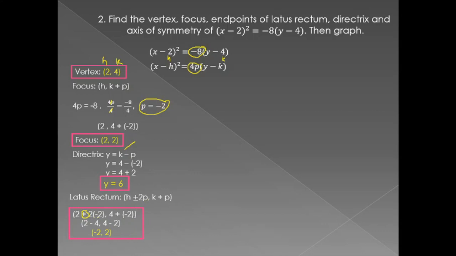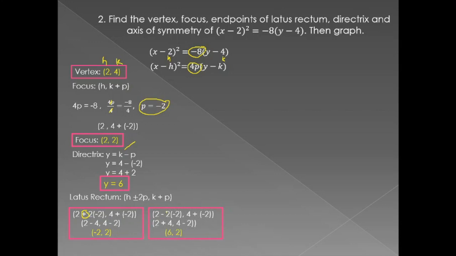So ayun po, negative 2 yon. And then k, 4 plus p negative 2. And then solve. Magkakaroon tayo ng 2 minus 4. So 2 minus 4 is negative 2. And then 4 minus 2 is positive 2. So meron tayong negative 2, 2. Yan yung unang point natin.